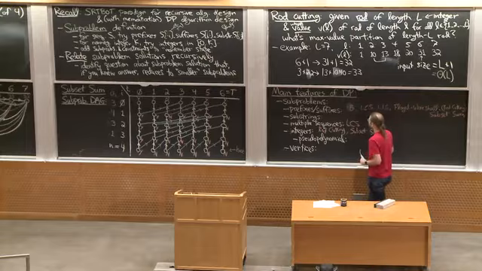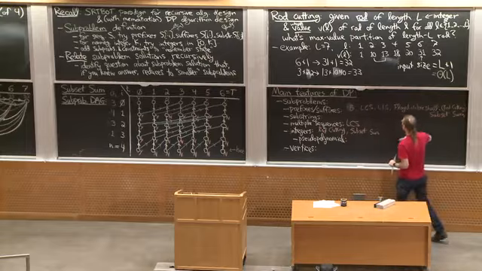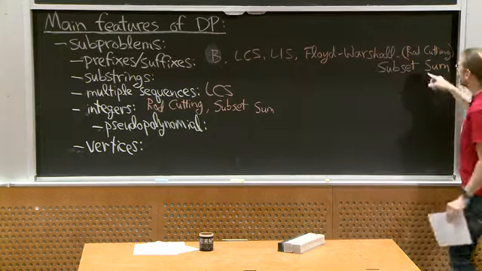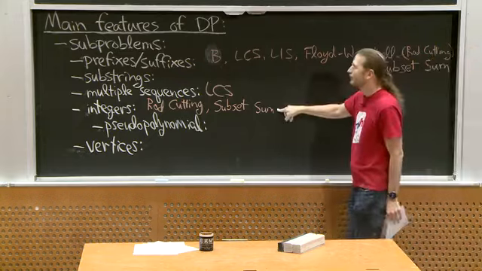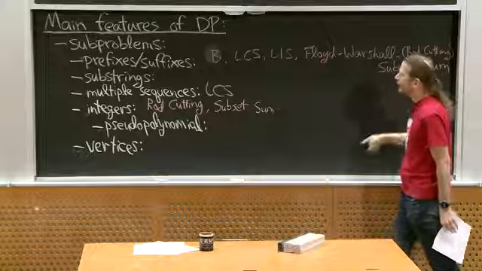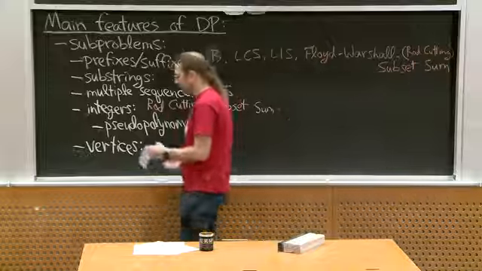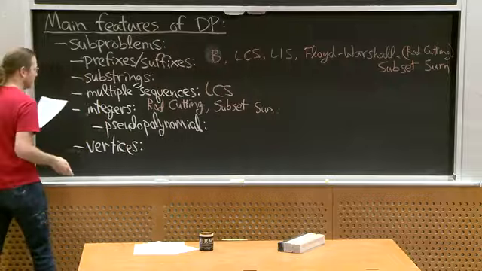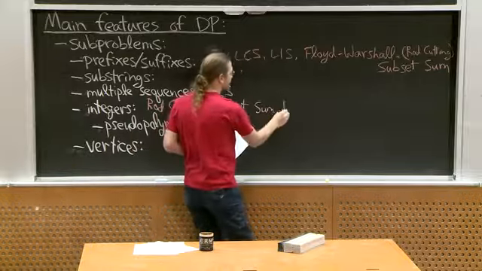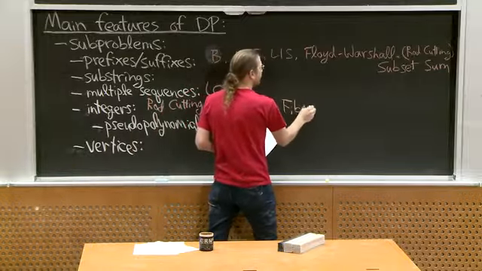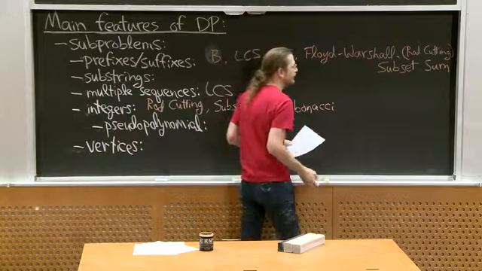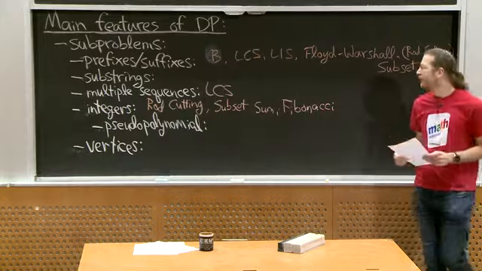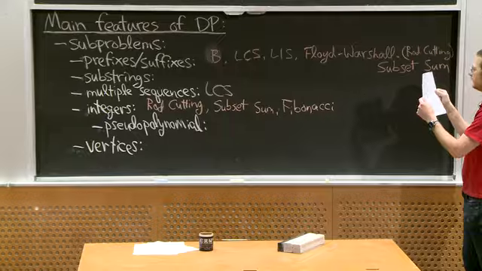So rod cutting you can put down here because we looked at smaller integers, or up here. But subset sum really is up here and down here, because we both looked at suffixes and smaller values of t. OK. Fibonacci also fits down here. Fibonacci was another case where we had a number n, and we looked at integers smaller than n. Good. I think I've done these.